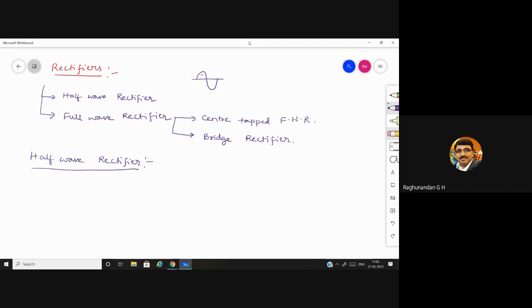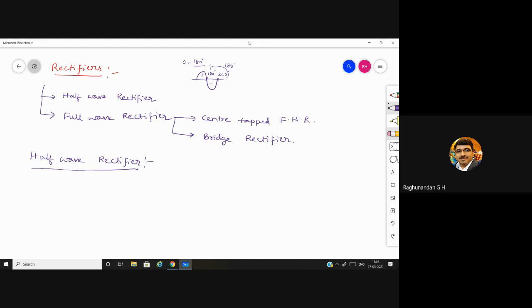This is known as the positive half cycle. This is known as the negative half cycle. Each half cycle has a 180-degree angle. That is 0 to 180 degrees for the positive half cycle. Again, the negative half cycle goes from 180 degrees to 360 degrees, which gives again a 180-degree difference.